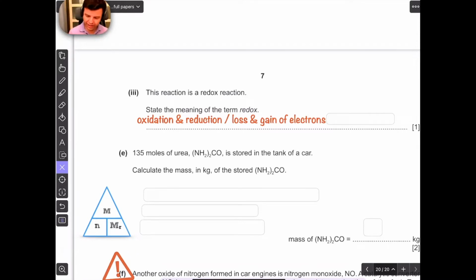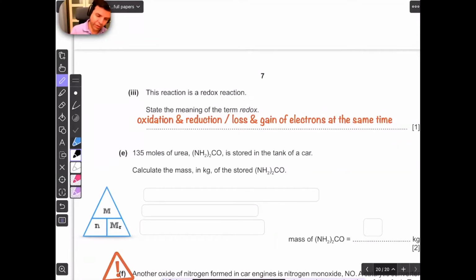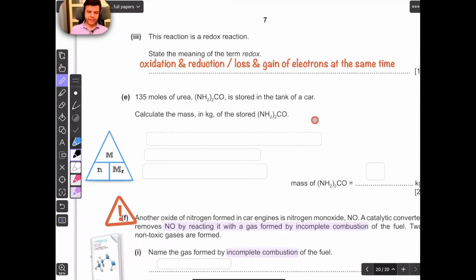But there's a key word here, which is together, right? Simultaneously. So oxidation and reduction must always happen at the same time. There is no oxidation unless you have reduction. So either you say redox is oxidation reduction or the loss and gain of electrons, but you have to include at the same time. I'm not inventing that mark scheme here. It's based on previous exam papers.